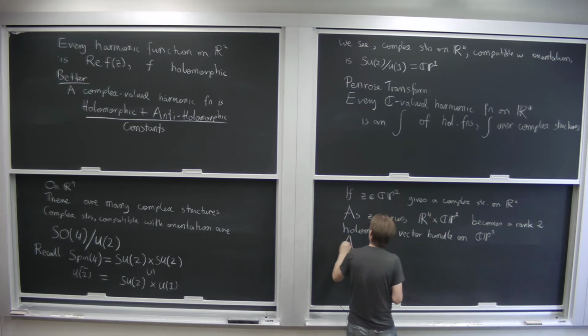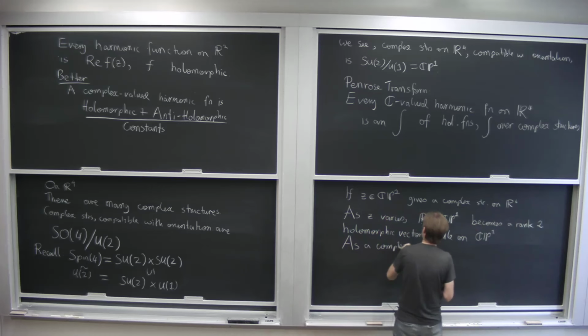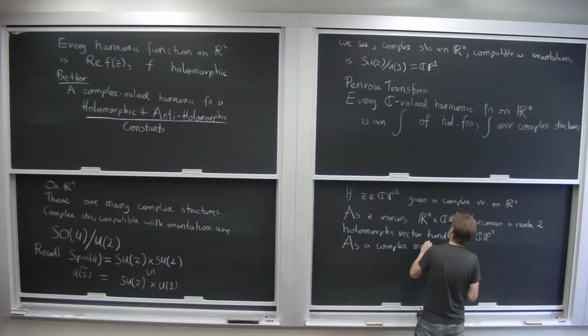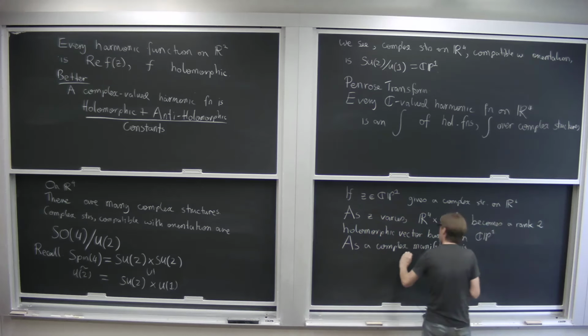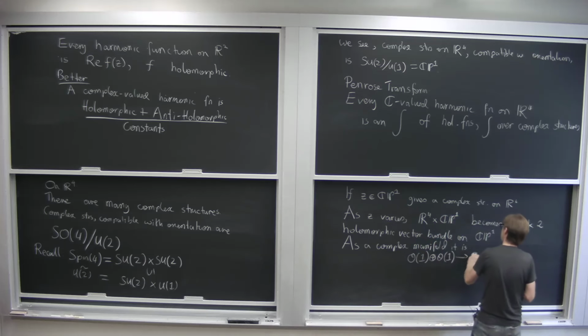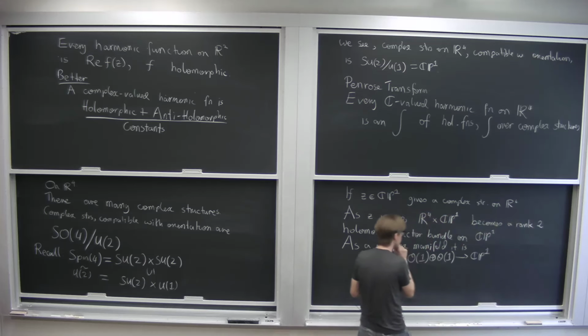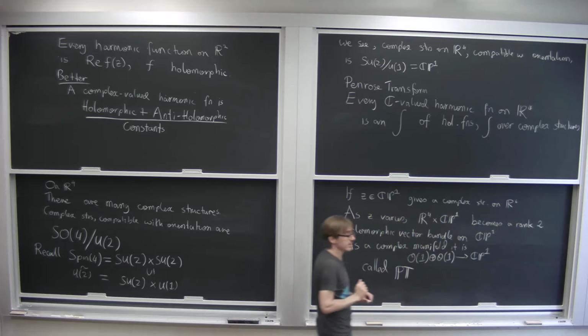As a complex manifold, it is O(1) plus O(1), and it's called PT, projective Twistor space.